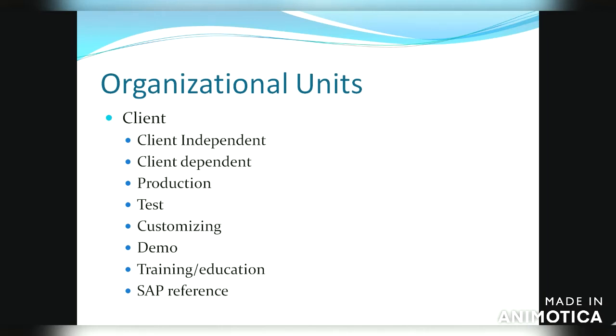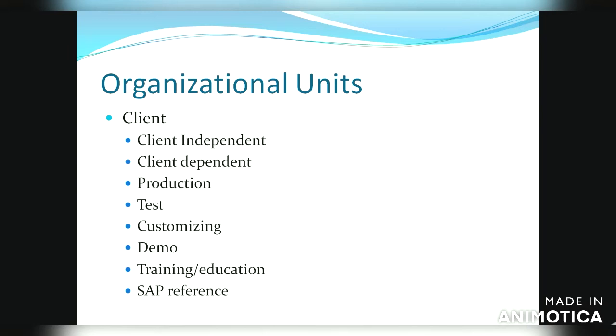So if we are working on live systems, we will know there will be a development system which is a golden client, a testing system which is a quality client, and the production system which is a live client. So there will be three clients in a real time project.